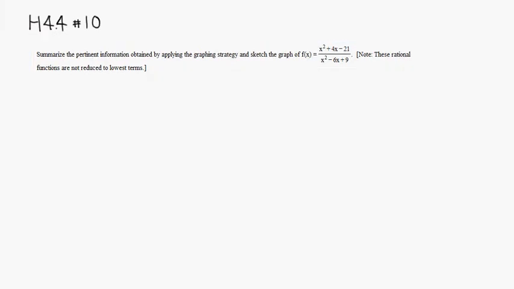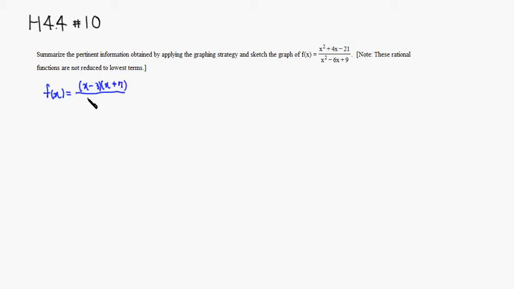The note said that these rational functions are not reduced to lowest terms, so I'm going to factor. The numerator factors as x minus 3 times quantity x plus 7.